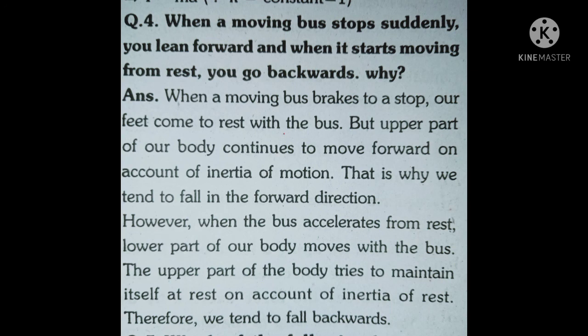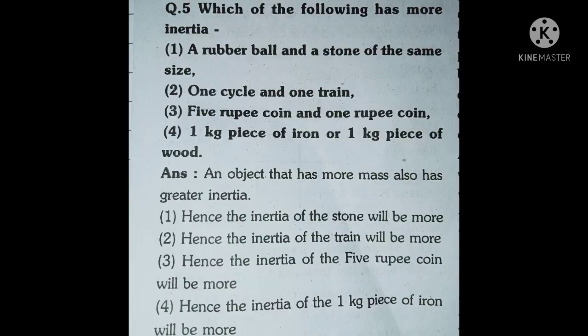Answer 4 complete. And next question 5. Fifth, which of the following has more inertia? First, a rubber ball and a stone of the same size. Answer, an object that has more mass also has greater inertia. Hence the inertia of the stone will be more. Second, one cycle and one train. Answer, hence the inertia of the train will be more. Third, 5 rupee coin and 1 rupee coin.